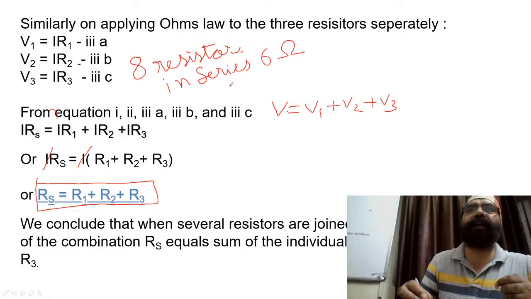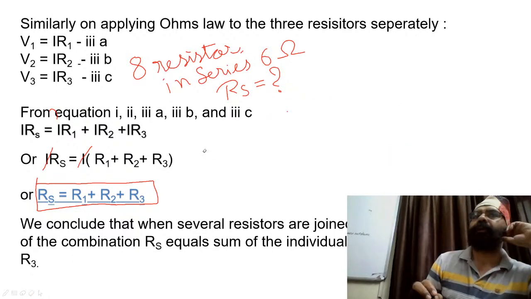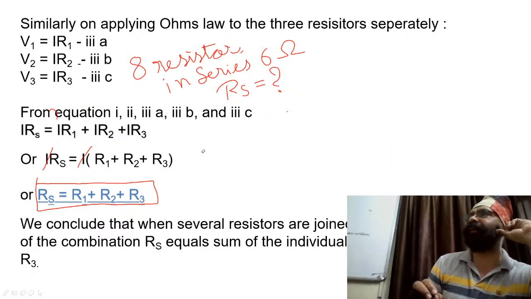What is the resultant resistance? Please tell me quickly. The question is that there are 8 resistors connected in series and each resistor is of 6 ohm. What is my resultant resistance?